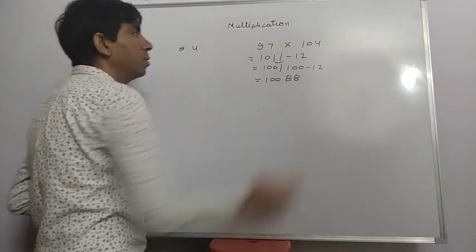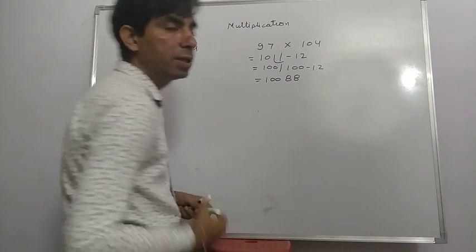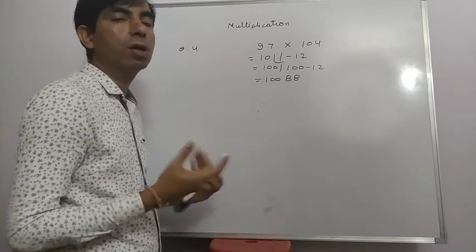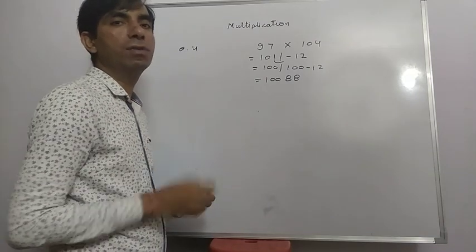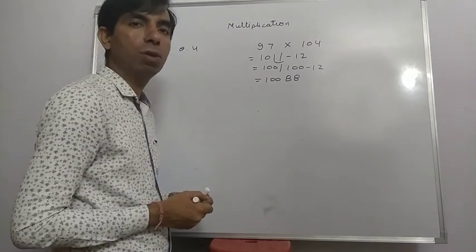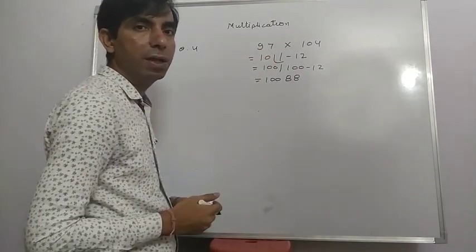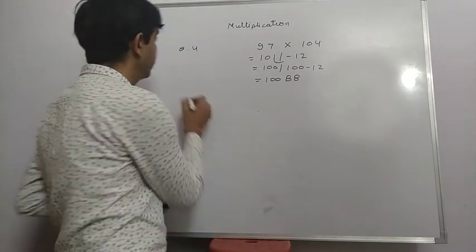If you have some problem solving directly, then you can use the first method. Then your confusion will be fully cleared. But if you want to solve directly, then this will be used.